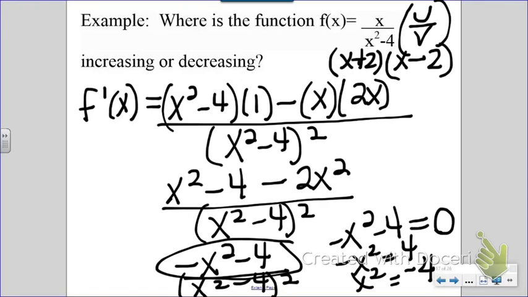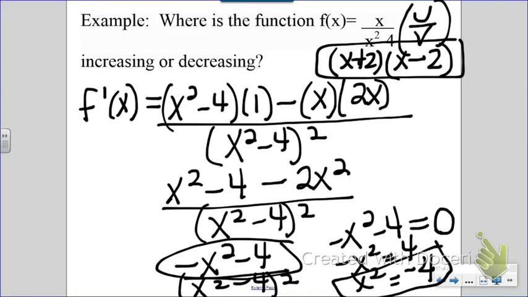So what we're going to notice for this problem is that, first of all, from the original function, at negative 2 and at positive 2, we're going to have some vertical asymptote lines, or where the function is undefined. And then looking at the part down here, we can see that there is no real solution for where the function is equal to 0.